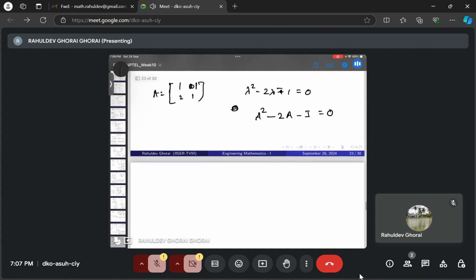One can also verify here what A squared is. A squared will be [[1,1],[2,1]] times [[1,1],[2,1]].